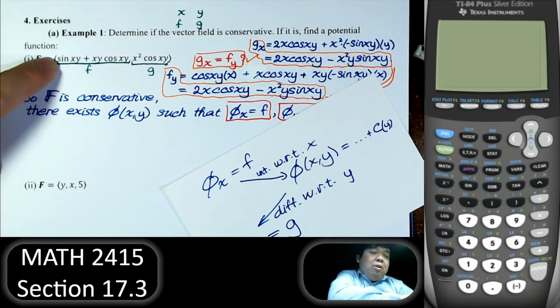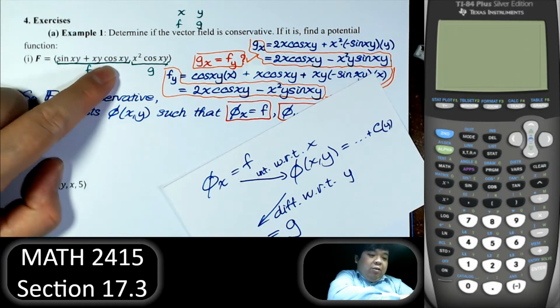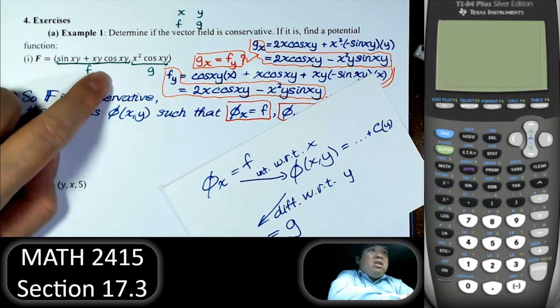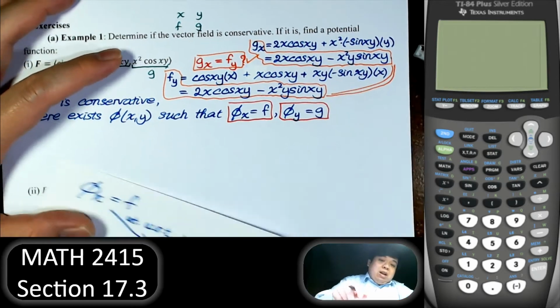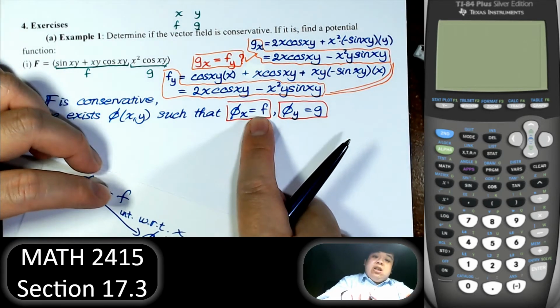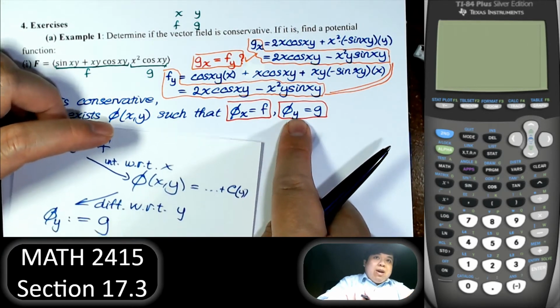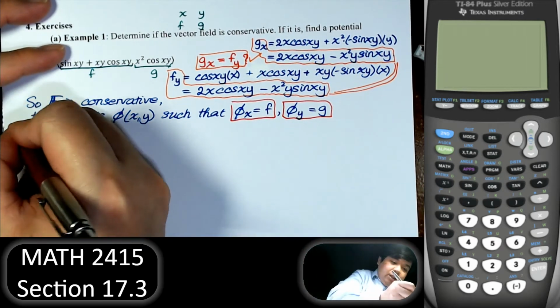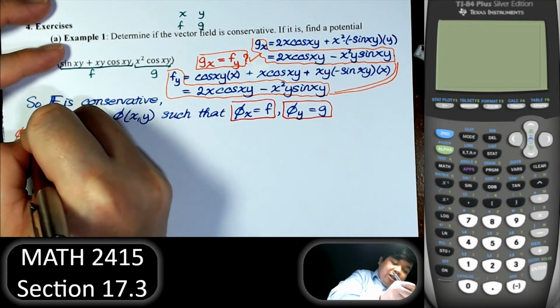However, integrating with respect to x seems like a little bit of work, right? Because we have integration by parts here with respect to x, and it's just much longer. So instead of picking this and integrating with respect to x, we can take the other one and integrate with respect to y. We're using this instead.